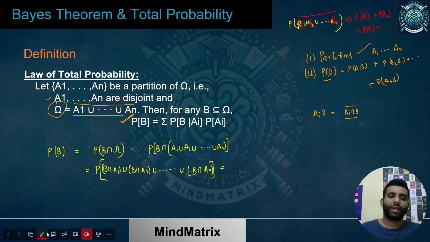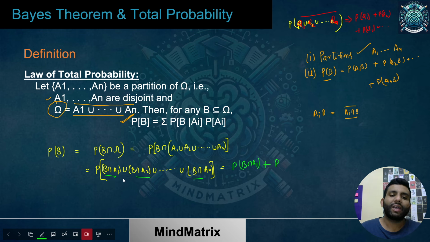So what I can write for this is the probability of the first intersection, plus the rest. Now, this is very important: why are these disjoint?